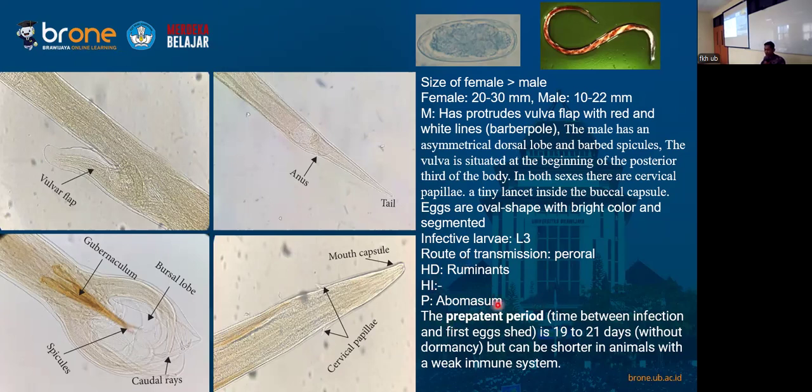The prepatent period is 19 to 21 days, but can be shorter in animals with a weak immune system. My question is why the prepatent period becomes shorter in animals with a weak immune system?